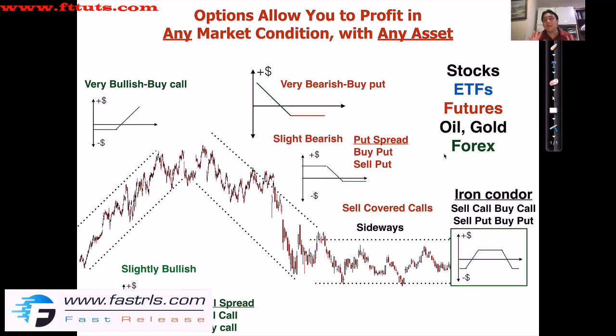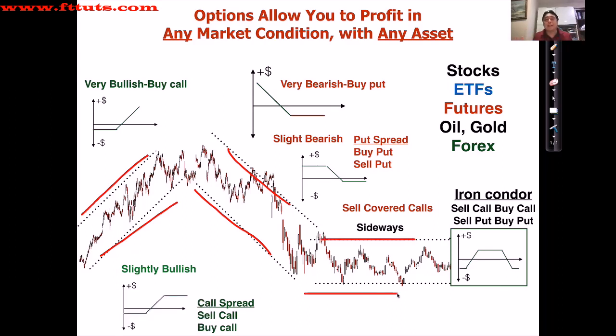So if you look at any kind of market, they go through different phases, right? So markets go through an uptrend phase or a bullish phase. And again, within a bullish phase, it could be strongly bullish or mildly bullish. And it goes into a bearish phase, which again could be strongly bearish or mildly bearish. And markets do go sideways as well, in consolidation patterns.